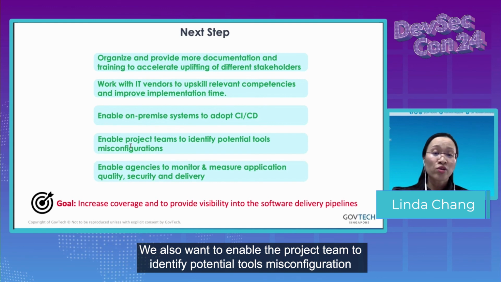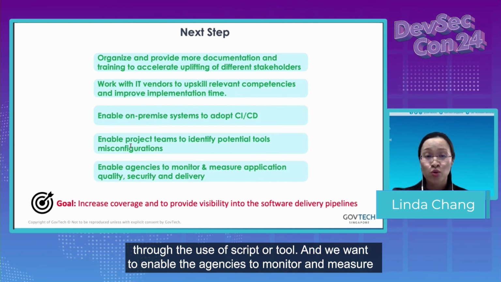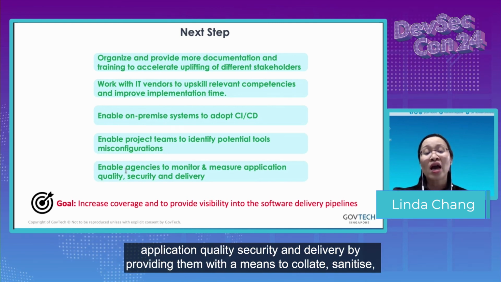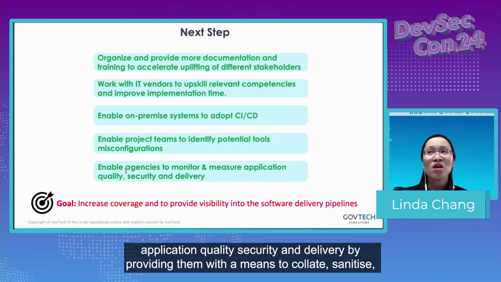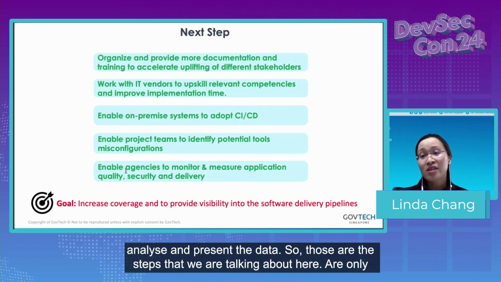We also want to enable the project teams to identify potential tool misconfigurations through the use of scripts or tools. And we want to enable the agencies to monitor and measure application quality, security, and delivery by providing them with a means to collate, sanitize, analyze, and present the data.